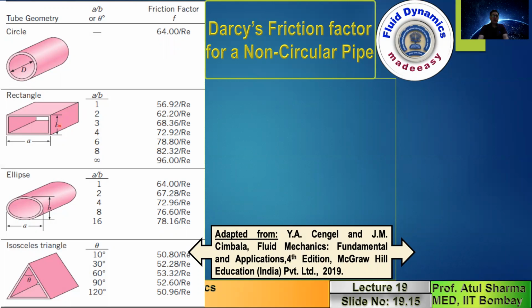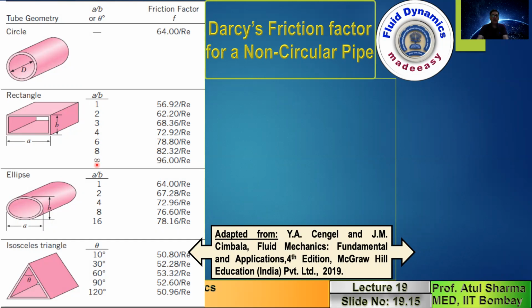Whereas if you have a rectangular duct, or a pipe of elliptic cross section, or isosceles triangle cross section, and for a rectangle you can have different aspect ratios, where you have a different width as compared to height, a by b. If you keep increasing a by b from 1 to infinity, at infinity it becomes a parallel channel, with parallel flow.